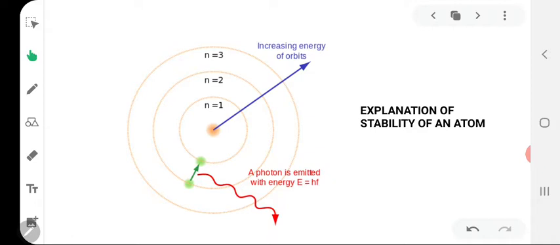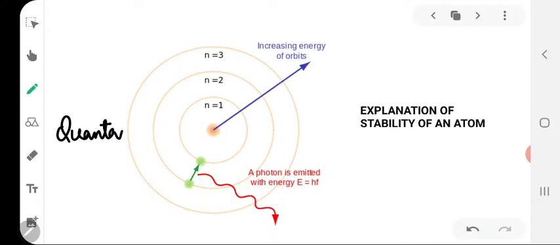Bohr, on the basis of his experimental studies, concluded that the electrons can lose or gain energy as radiations only in certain fixed amounts or bundles, and that is called quanta.